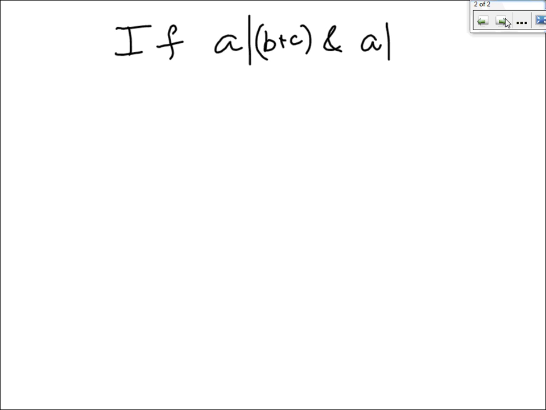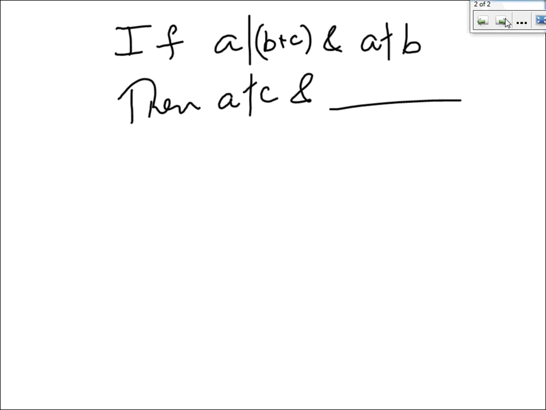Excellent. Now let's look at something different. If A divides B plus C and A does not divide B, then I claim that A can't divide C, and something else, which we'll talk about in a moment.